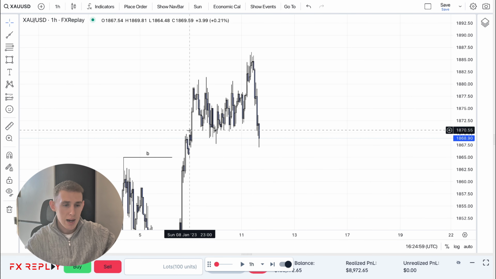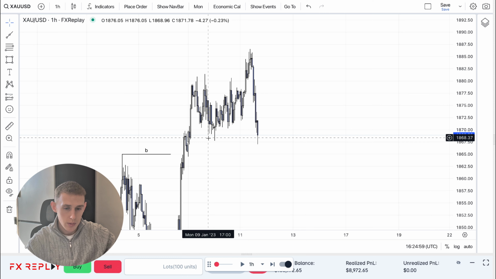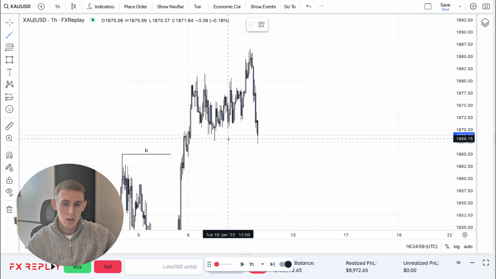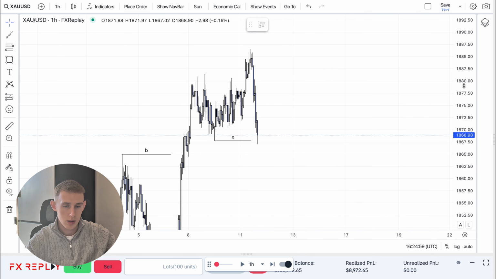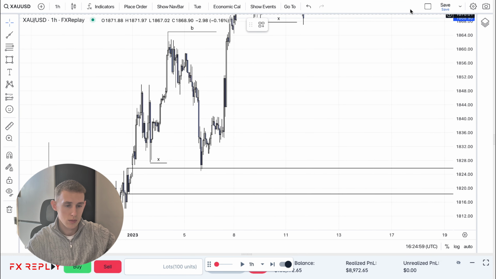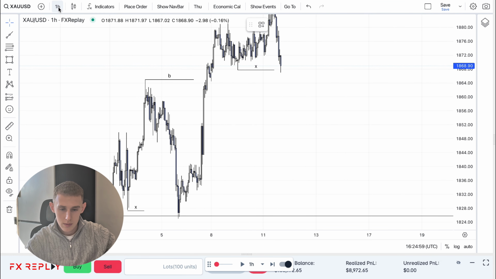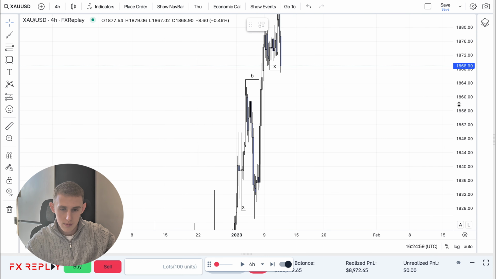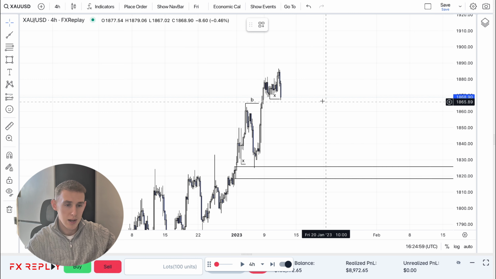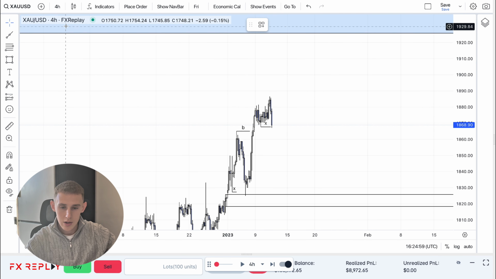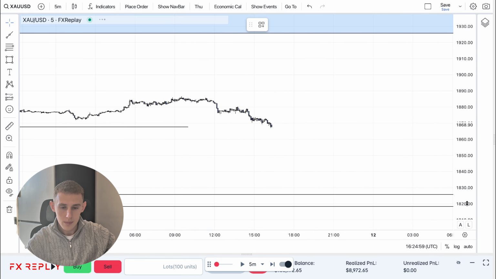What I can see now though is we have swept this liquidity level. Right, so anywhere sort of now would be ideal for the buys. Let's look at what the 5 minute is doing.